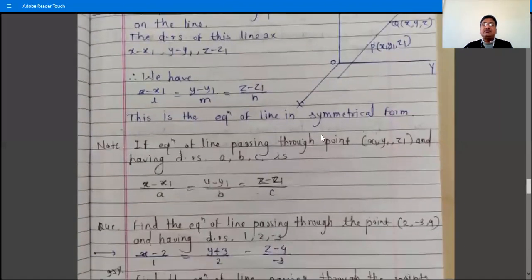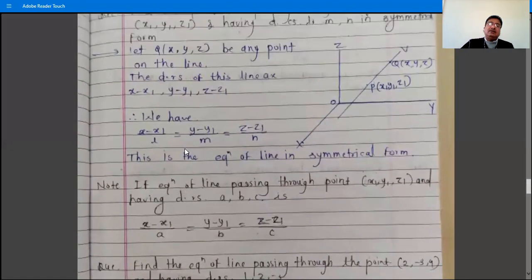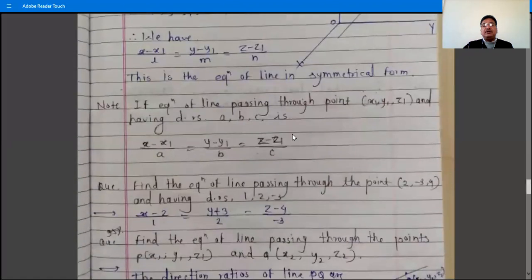This is the equation of the line in symmetrical form. The equation of the line passing through the point x1, y1, z1 and having direction ratios a, b, c is again (x minus x1) by a, (y minus y1) by b, (z minus z1) by c. So if either the direction ratios or direction cosines of the line are given, and one point on it is given, then you can write the equation of the line in symmetrical form.